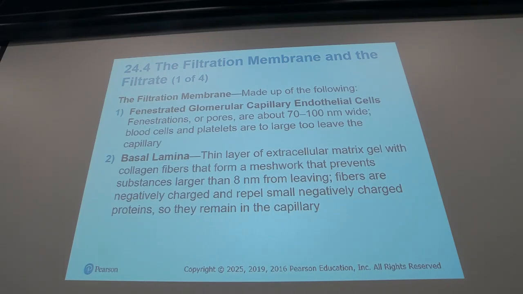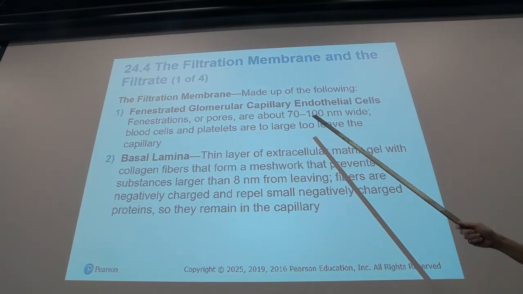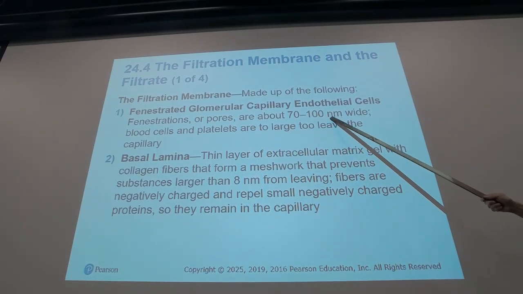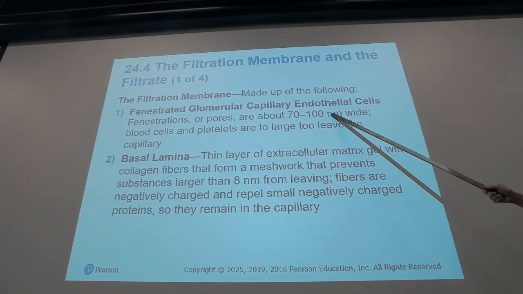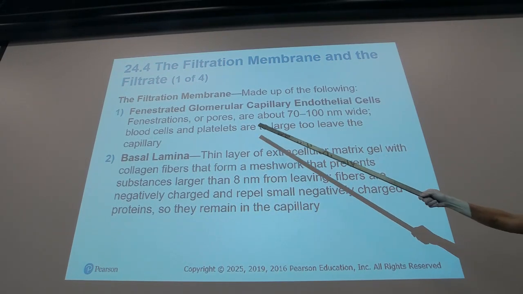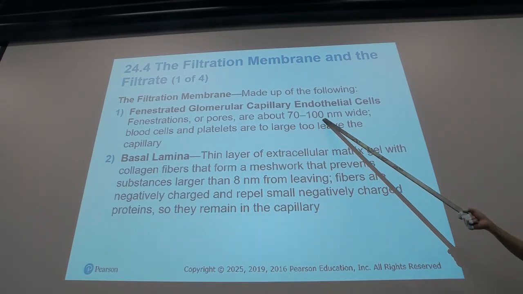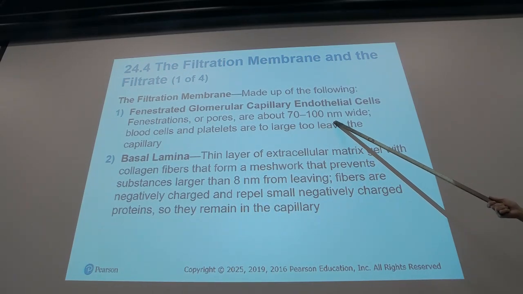The wall of the capillaries is fenestrated, and these fenestrae or pores are between 70 to 100 nanometers in diameter. So blood cells and platelets cannot leave this glomerulus because this space is very small.